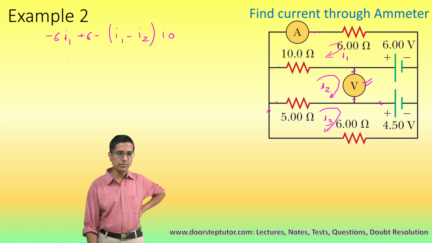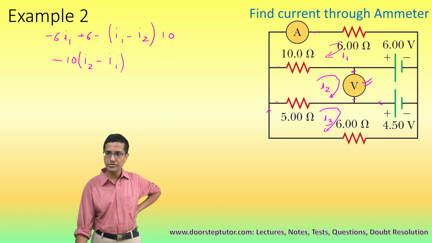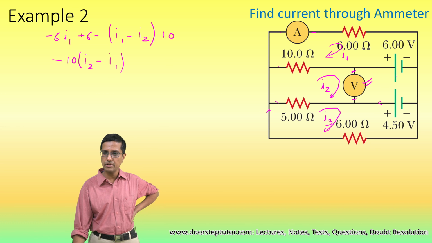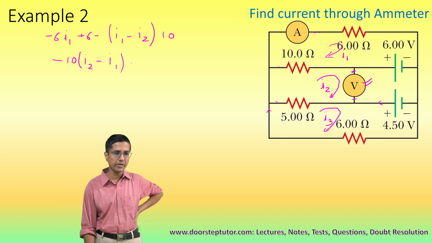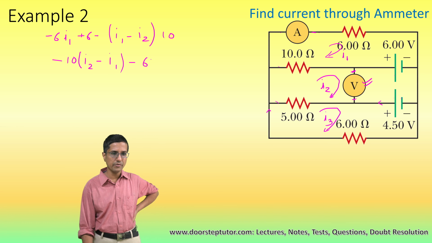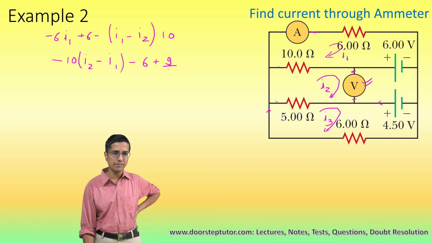The next thing we'll do is write the equation for this mesh. I2 is the current in this mesh. We start with this 10 ohm resistor, so minus 10, and this becomes I2 minus I1. Then we come across this particular battery. We are going from plus to minus, so this becomes minus 6. Then we come here, going from minus to plus, so this becomes plus 9 by 2.